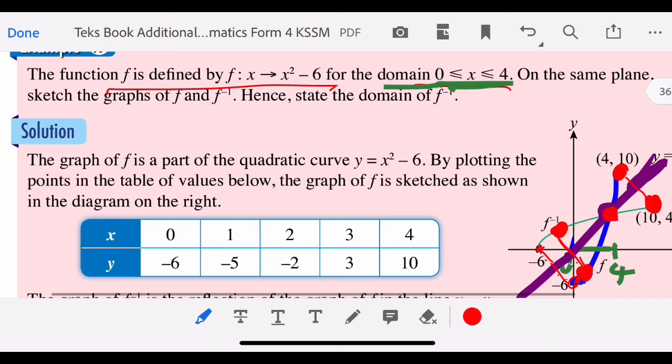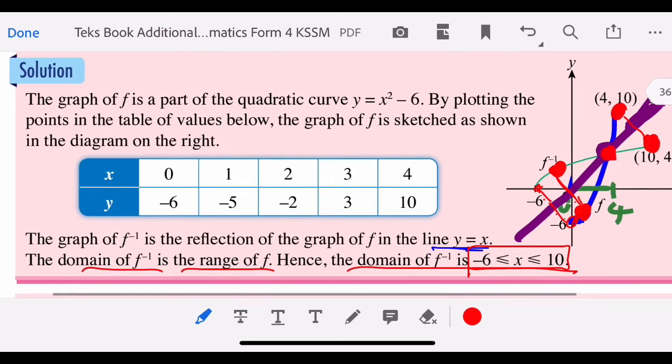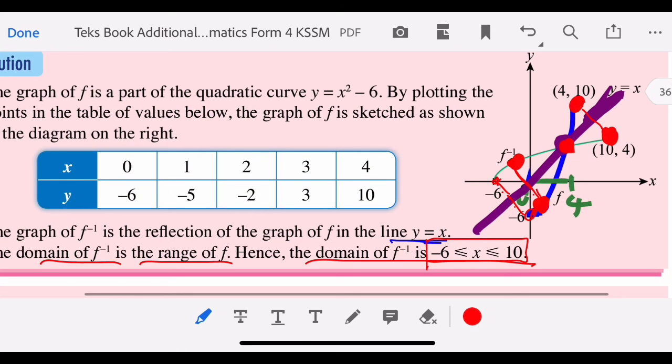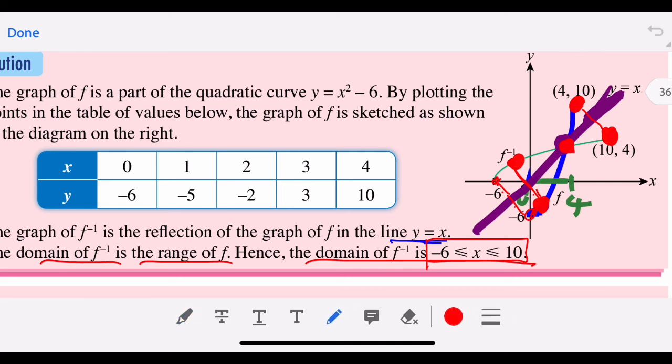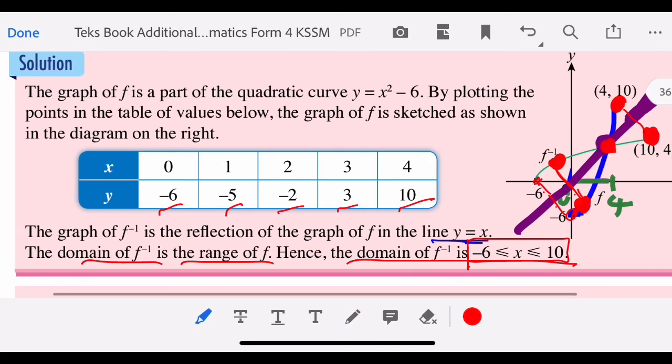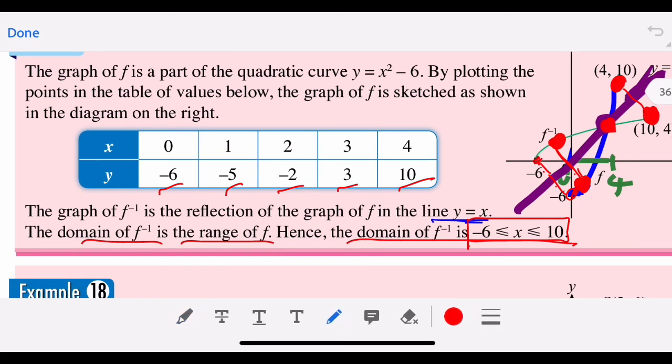So if you sketch the graph as shown, you can find the points: when x is 0, y is negative 6. When x is 1, negative 5. When x is 2, negative 2. When x is 3, 3. And when x is 4, you will get 10. So the inverse of f is the reflection of the graph in the line y equal to x.